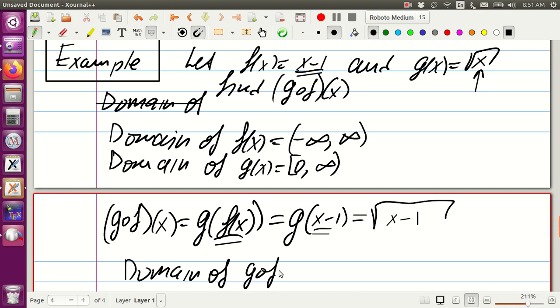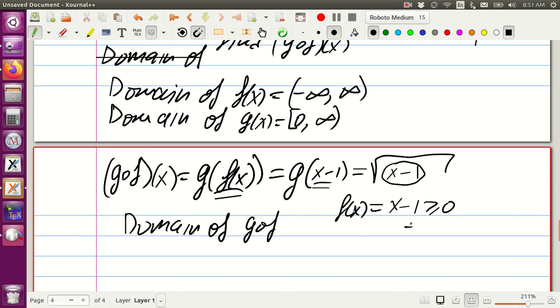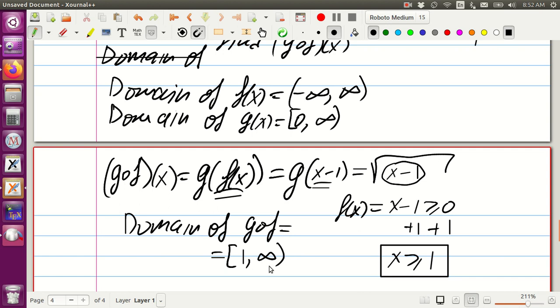So basically, we want to take everything where f would make sense for the square root. So that means f has to be greater or equal than 0. F of x has to be greater or equal than 0. Sorry, small mistake here. Should be greater or equal than 0. So we add 1 to both sides. We get x is greater or equal than 1. So the domain will be equal to everything from 1 to positive infinity.